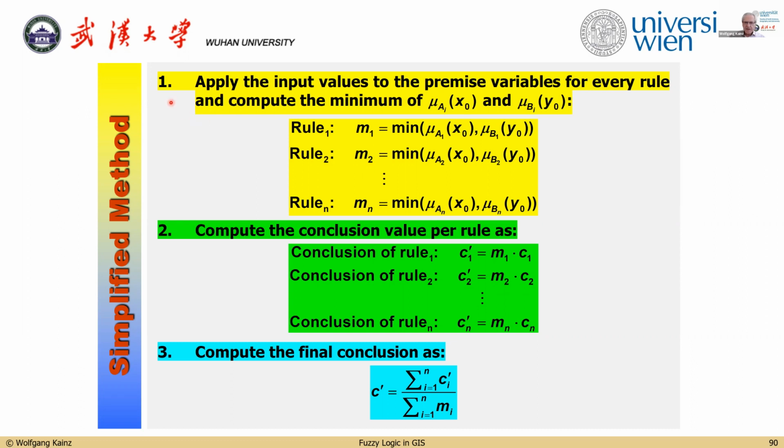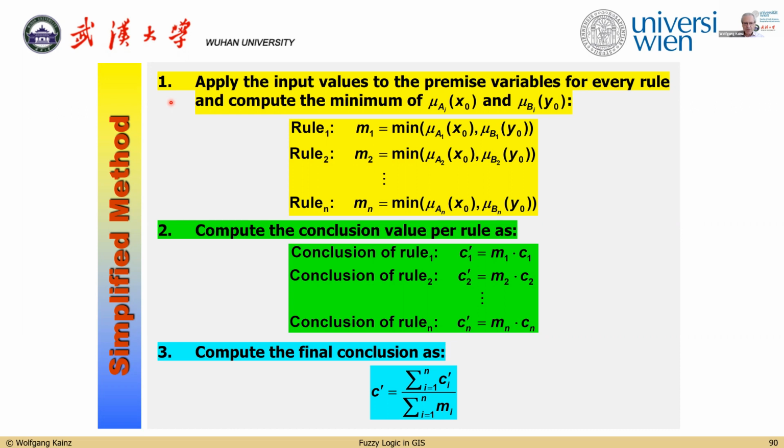Step number 1 is exactly the same as it was in Mamdani's method. So in step number 1, we take the given values, apply them to the premises, and compute the minima for every single rule. In step number 2, you remember in Mamdani's method, we were cutting the conclusion fuzzy sets at those minima for every single rule.